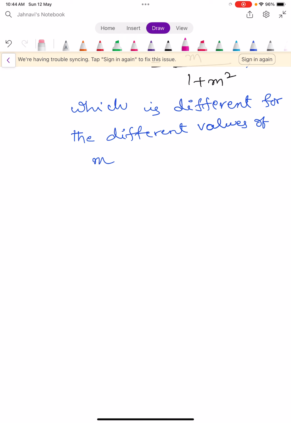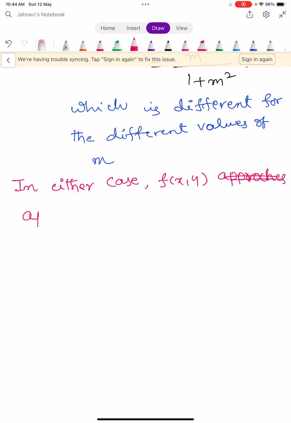In either case, we are going to conclude now. In either case, f(x, y) approaches different limits in both the cases.